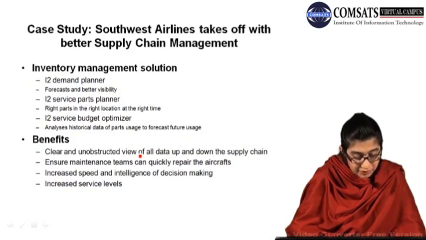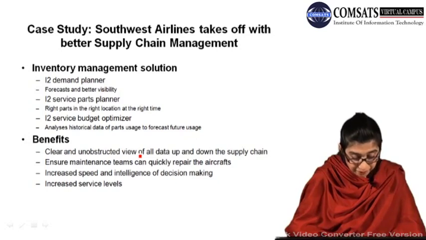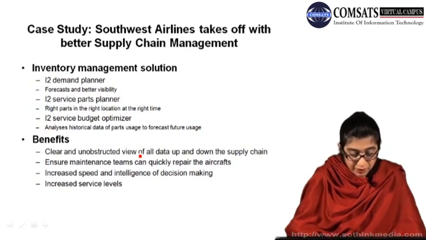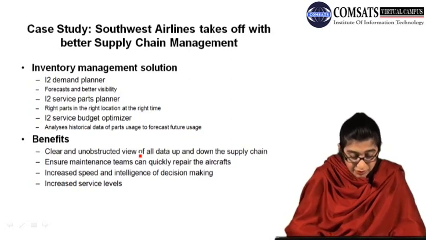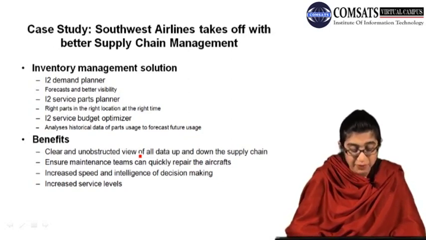Also, the solutions will help us ensure that the maintenance team can quickly repair the aircraft so that our customers experience minimal delays. Also, it provides increased availability of parts, increased speed and intelligence of decision making. Reduced parts inventory by 15%, saving the company over 30 million, and increased service levels from 92% to 95%.